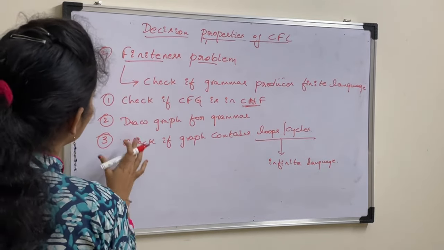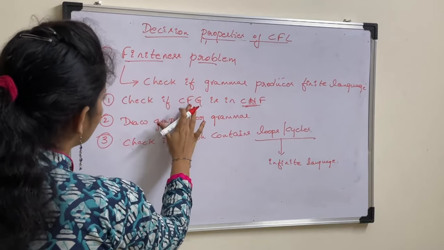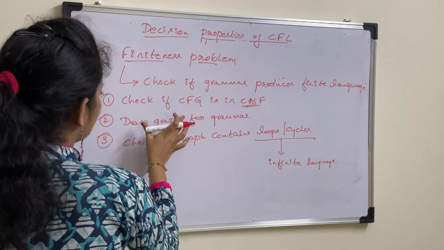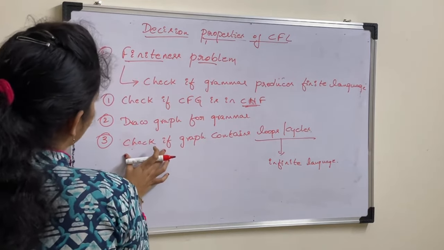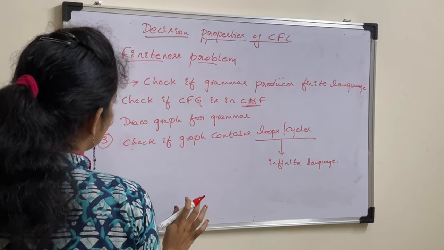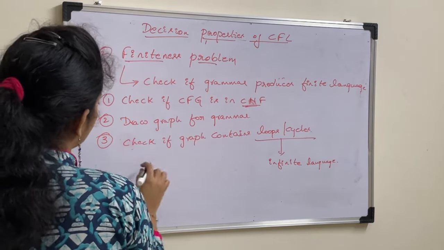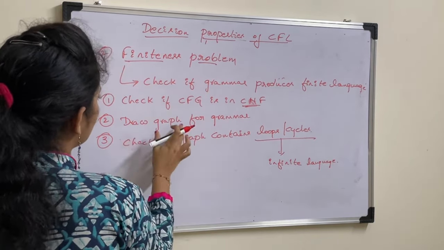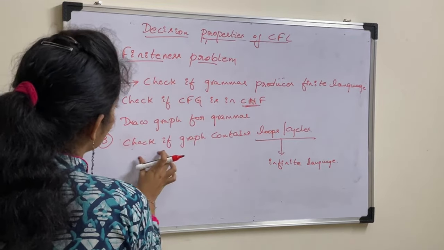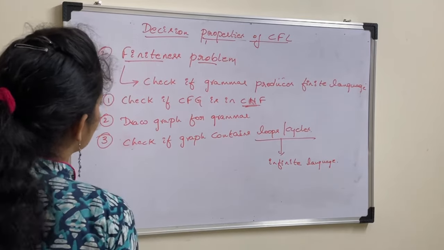What is step 1? Check if the given grammar is in CNF or not. If yes, you can directly proceed with the remaining two steps. If not, convert it into CNF by using the steps of CNF. Next, step 2 is to draw a graph for the obtained grammar. Step 3 is to check if the graph contains loops or cycles.